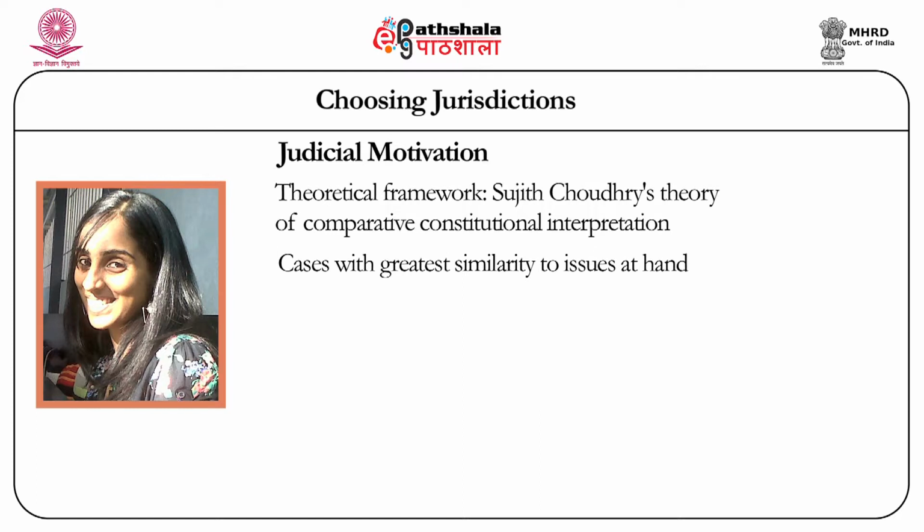Second, they may pick jurisdictions where the constitutional text bears the greatest similarity, because this would have yielded the same kind of case law or involved judges in different jurisdictions adopting similar methods of interpretation. And this makes it easier for a judge looking at other jurisdictions to say, hey, that's something that I can perhaps learn from.